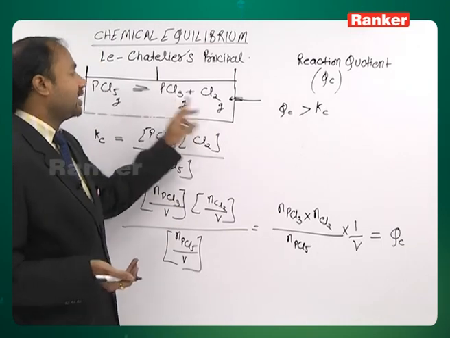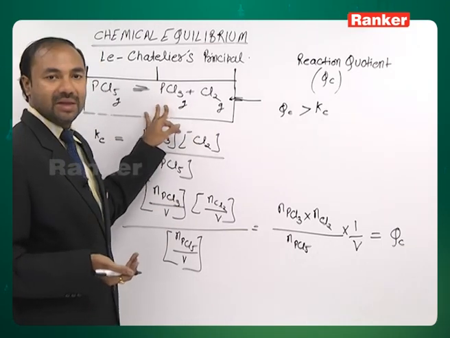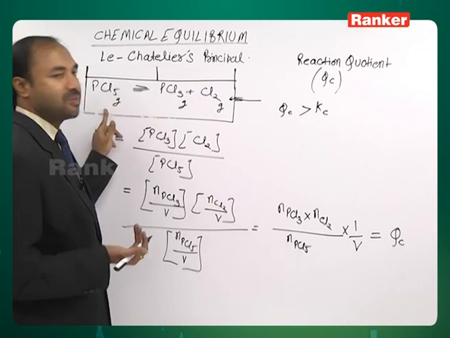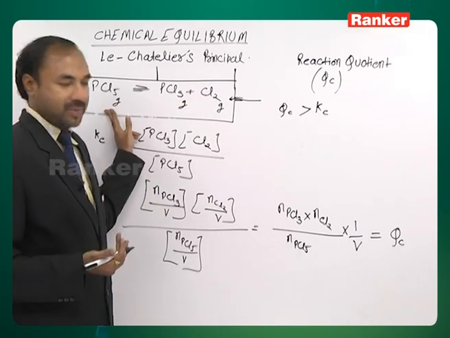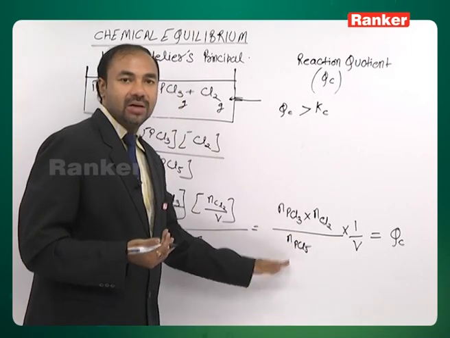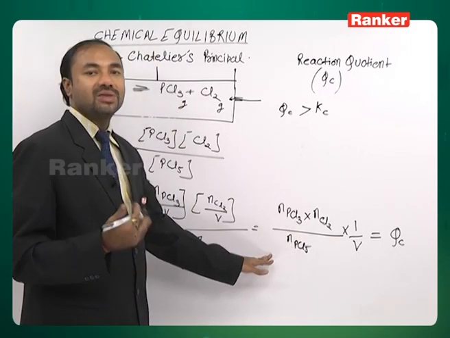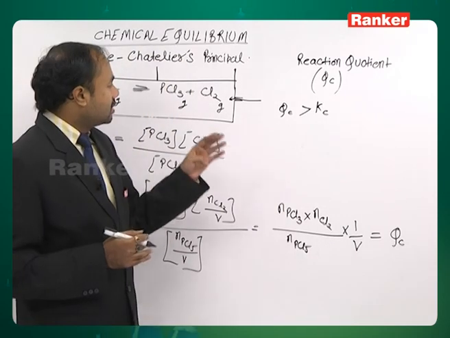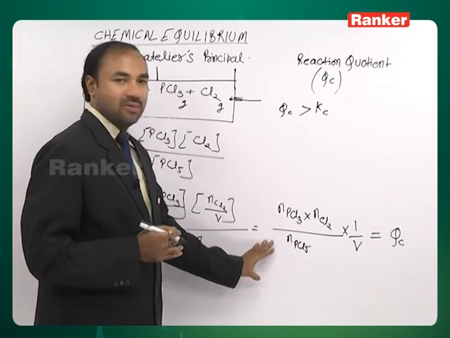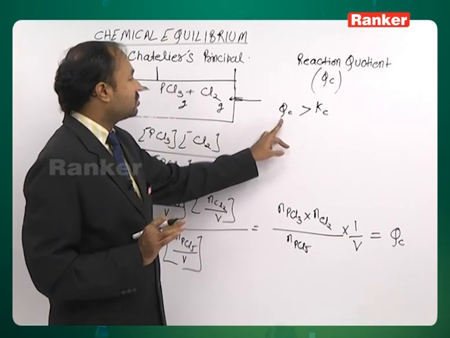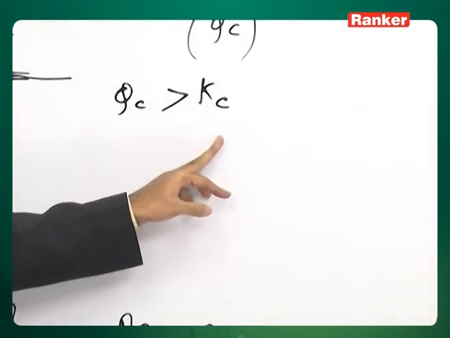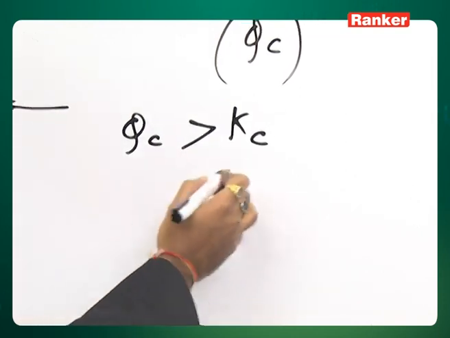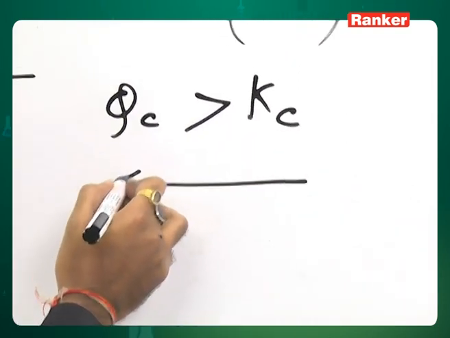So equilibrium starts shifting in the backward direction, the number of moles of PCl3 and Cl2 decrease while the number of moles of PCl5 increase. Again, after some time, equilibrium comes to its original state and QC now becomes equal to Kc. So for a certain reaction, whatever may be the case, if QC is greater than Kc, equilibrium shifts in the backward direction.